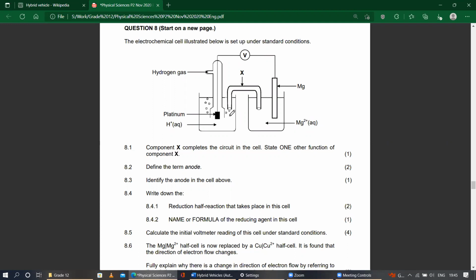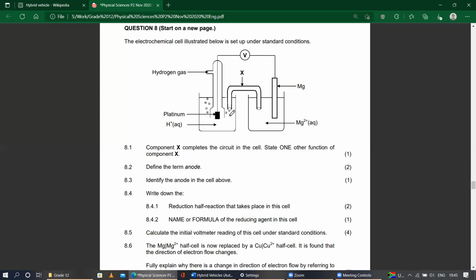Because it's like a spectator ion, and then it goes into the half cells to keep it neutral. Okay. But what you said, it's not wrong, but it's not 100% right.